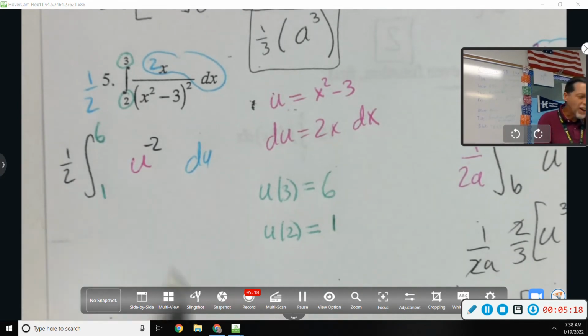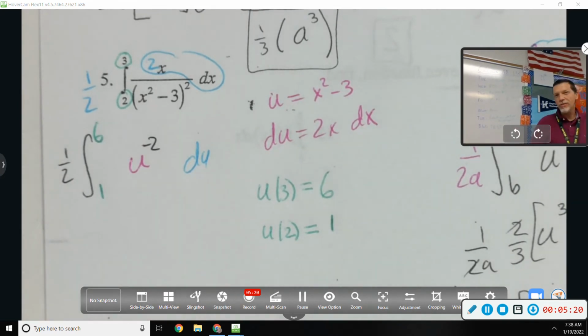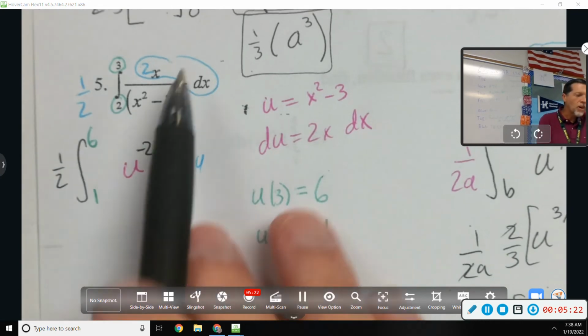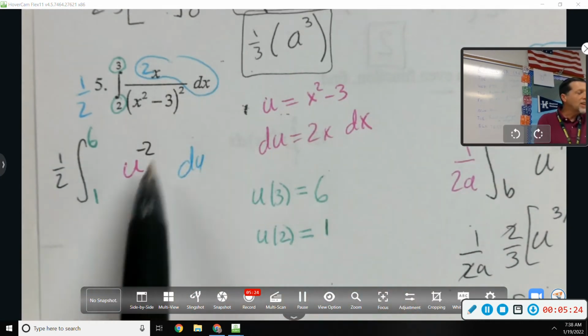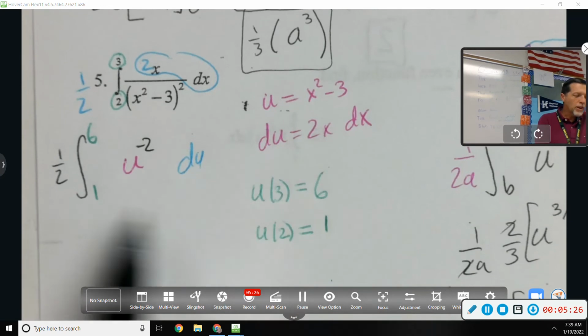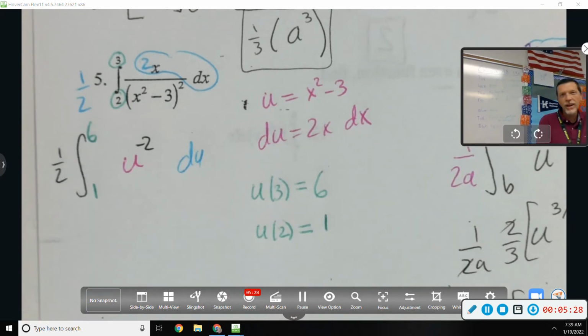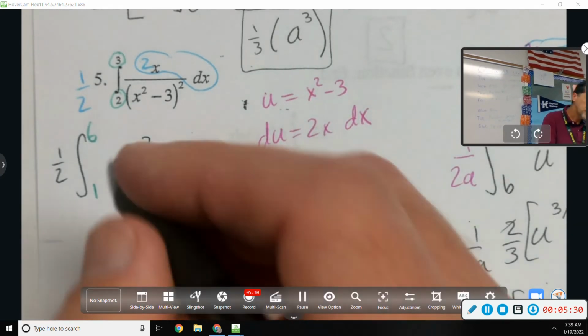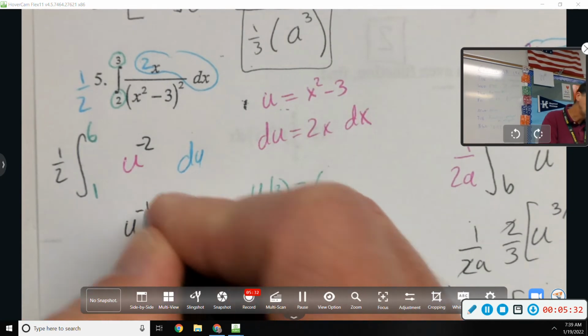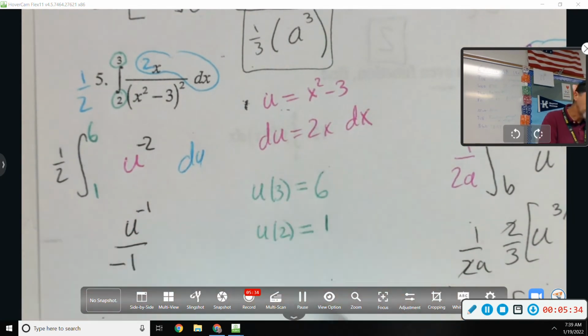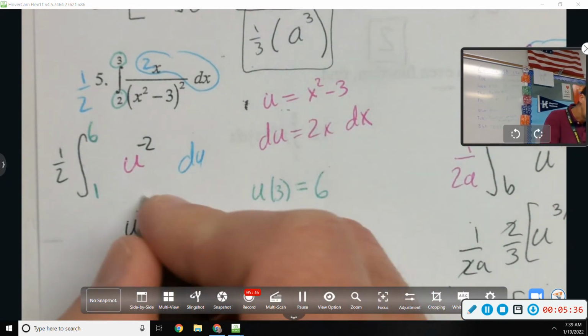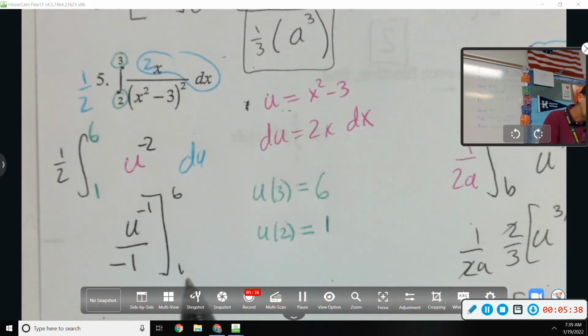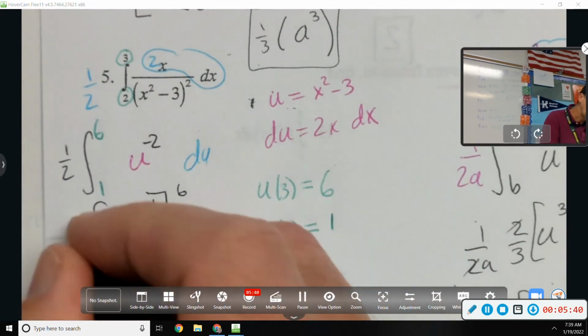Alright, so now we've got it converted completely to u stuff from x stuff. So we changed it from this awful integration to hopefully an easier integration. And we had to pay a little bit of price along the way, but now we've got something we can work with. Increase the power by 1, divide by the new power. 1 to 6. 1/2 still out front.